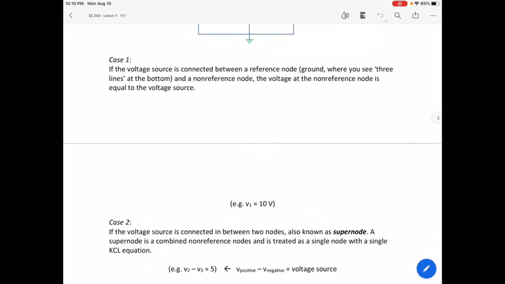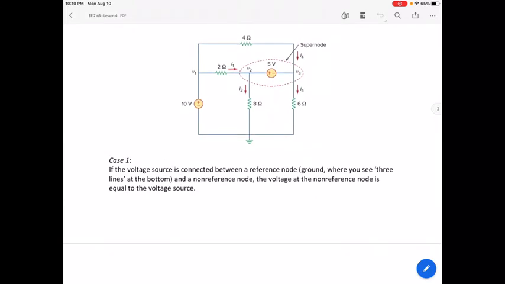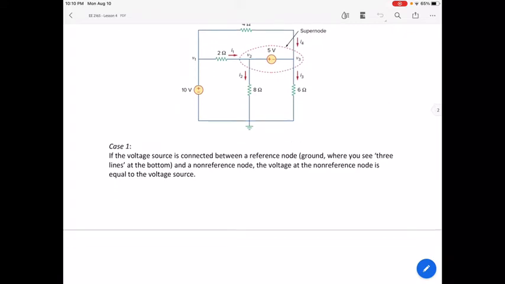A supernode is a combined non-reference node and is treated as a single node with a single KCL equation. So instead of coming up with different KCL node equations for nodes V2 and V3, the presence of the voltage source makes it a supernode, and thus we will only create a single KCL equation for the supernode itself.